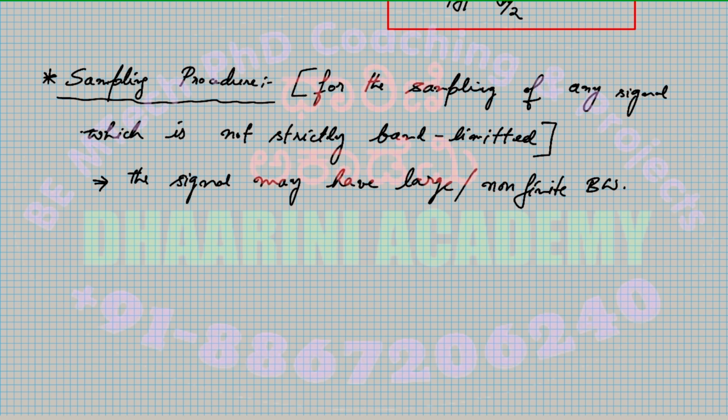If I randomly choose a sampling rate and the signal exceeds certain frequencies, then there will be aliasing. So to avoid that, we make sure there is a maximum frequency content in the signal. This is step number one.